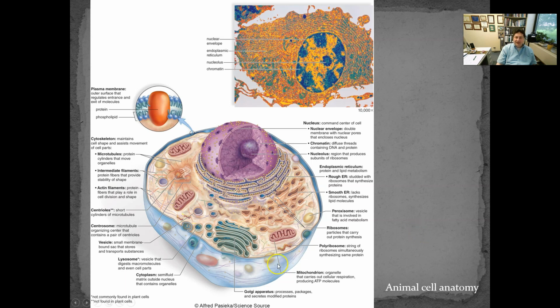Now, here we see a typical animal cell. Notice this animal cell is eukaryotic. It has a much more internal structure here. All these different organelles we can see all over. This big, large ball in purple represents the nucleus, kind of the command and control center of the cell. All this internal structure we did not see in prokaryotes.